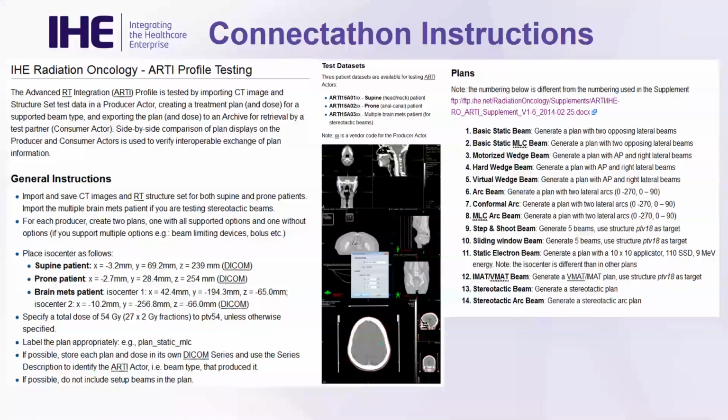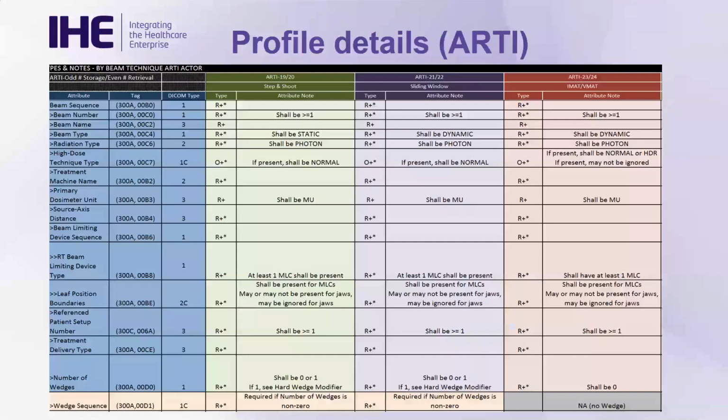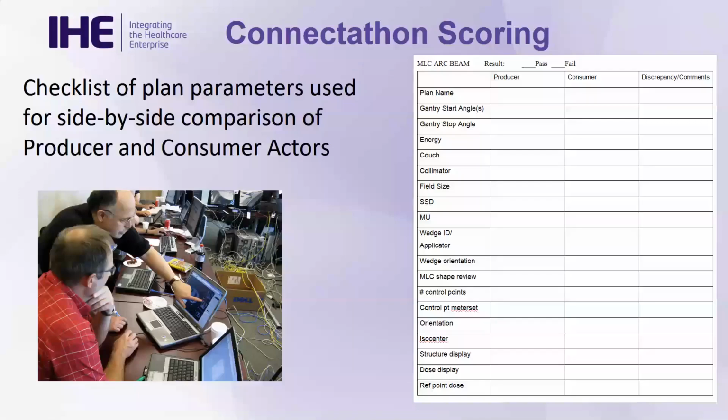This is just instructions for part of the setup for a profile that's deprecated, but I just want to show this to show you the level of detail that goes on here. And again, here's more details of the profile where things get specified quite intensely, and then the judging occurs where the producer and the consumer of the information list out, and then the judges will check off or write comments if there's any problems.